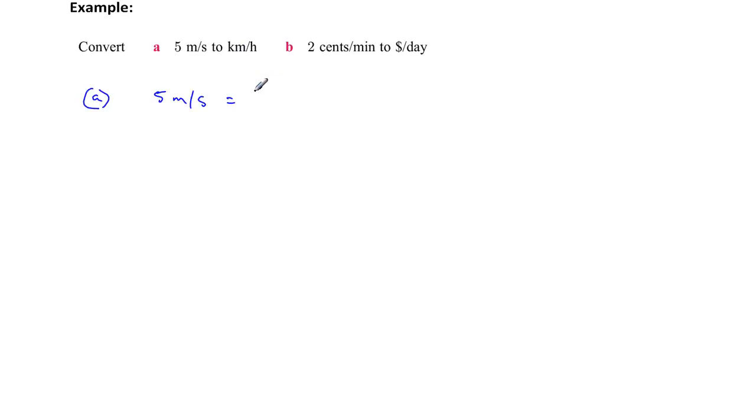So if we take our 5 first of all and turn it into metres per hour, keeping in mind that this is not seconds we want, but in 1 hour, we have 5 times 60, we'll do it per minute, and then times it by 60 again, we'll do it per hour.